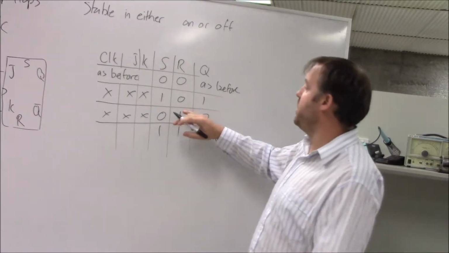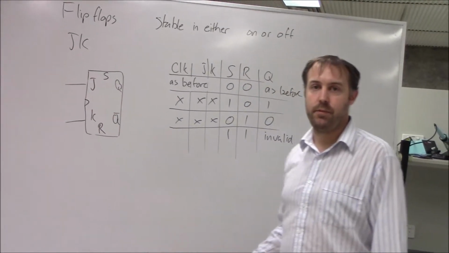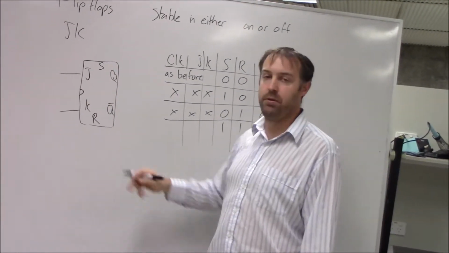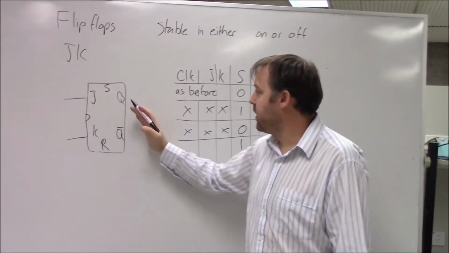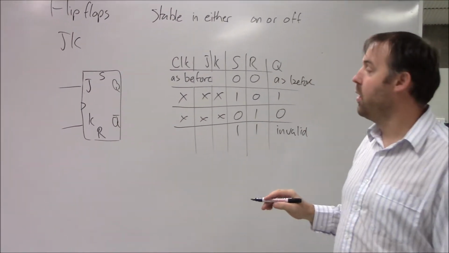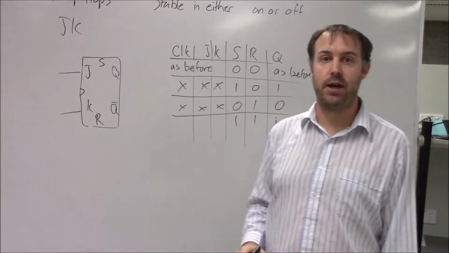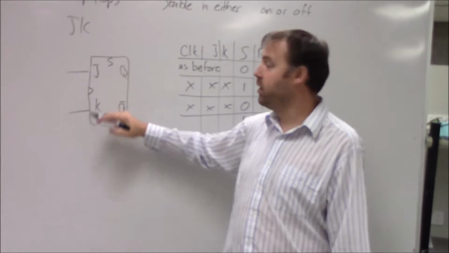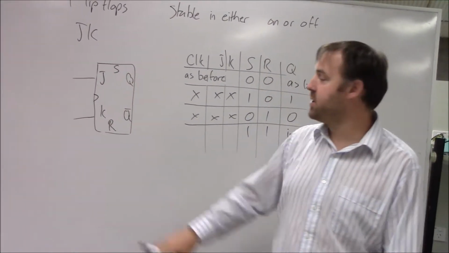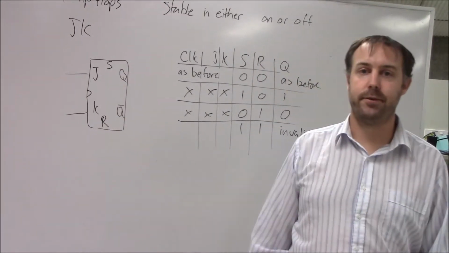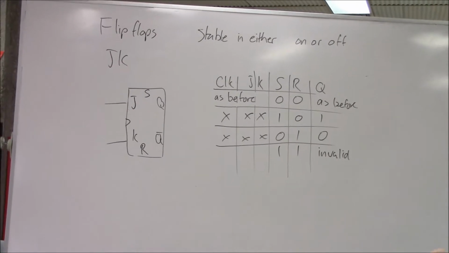So we could use this to either wait for our inputs to come in and make the changes happen with a clock pulse, so we can synchronise several parts of our circuit together. Or if I would need to override that for some reason, say I want to reset my counter without having to wait for the next clock pulse, I can reset it. Or if I want to set it to a certain number, I can set it. And that'll happen instantaneously. It's like an override code, isn't it? It is an override, if you like.